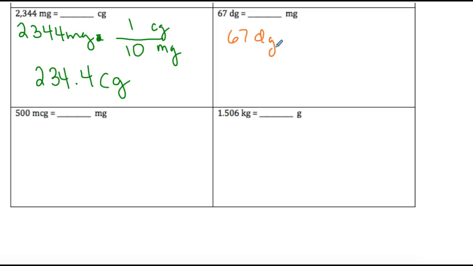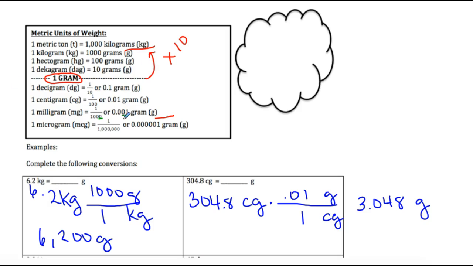67 decigrams, okay? And so if I think about, I want decigrams here and milligrams here. Now, if this is too much all in one step, I'm going to show you how you can break it down. So the table helps us go from gram up to grams, and then I can put grams and milligrams down here again. So if this whole idea of how many are in each of these is too much, that's okay. We can use our table.